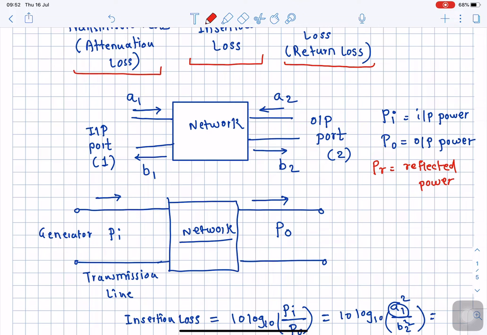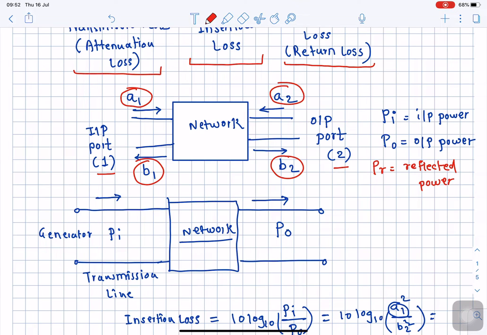Port 1 we have treated as the input port, and port 2 as the output port, and I have shown the incident and reflected waves at these two ports. A1 and A2 are the incident waves at port 1 and port 2, and similarly B1 and B2 are the reflected waves at port 1 and port 2.